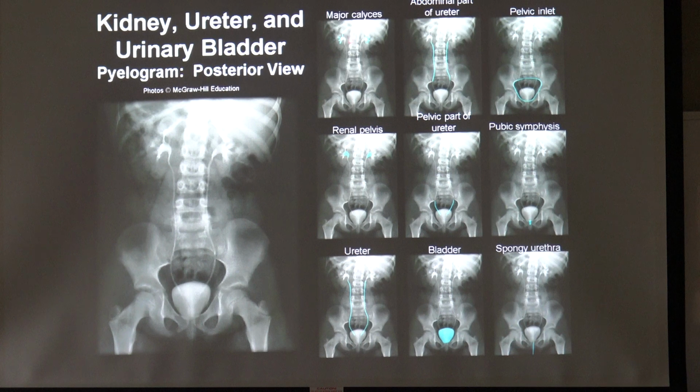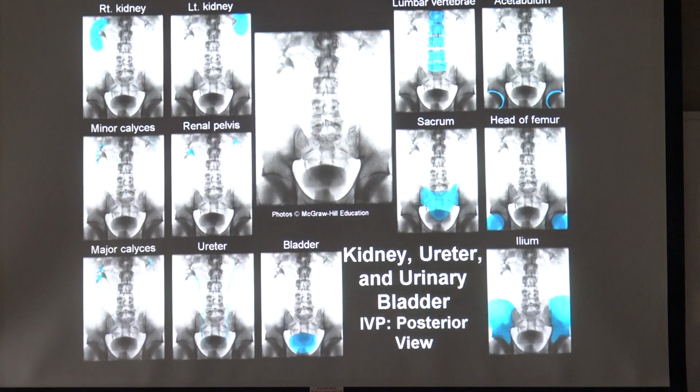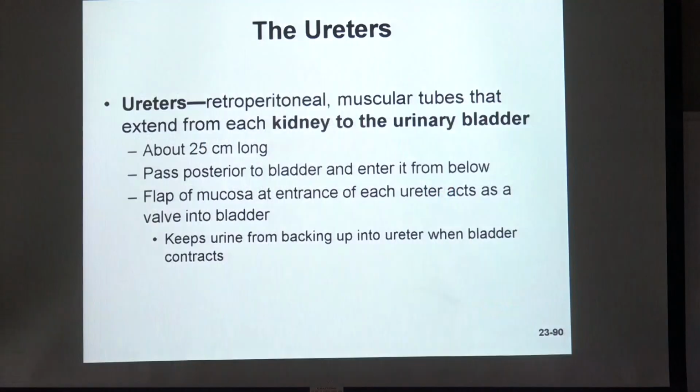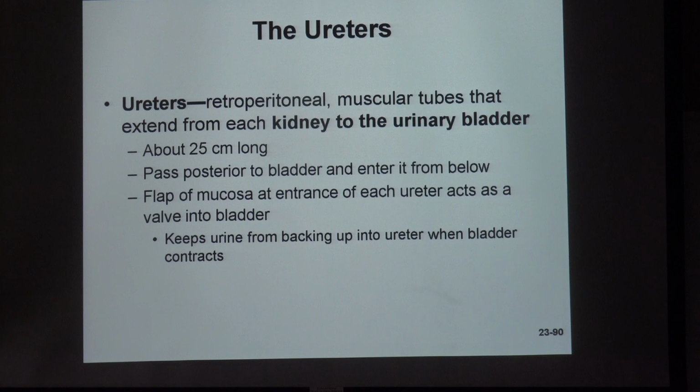Major calyces, ureters, renal pelvis, ureters traveling down to this guy right here called the bladder. Okay? So you see the bladder right there. There are the ureters to the bladder and into what's called the spongy urethra. The ureters. Again, retroperitoneal.